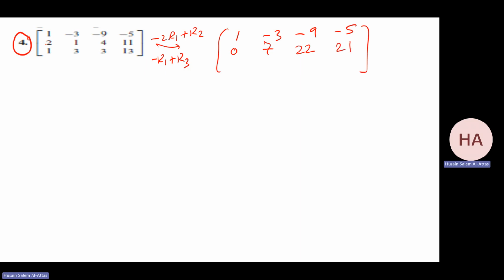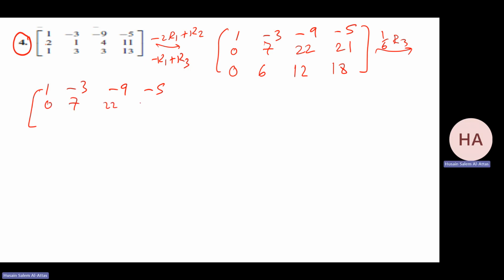By minus 1 and add, that is 0. That would be 6. Minus 1 and add, that would be 12. Minus 1 and add, that would be 18. You know what? I'll divide the third row by 6 and interchange it to second. Who cares? You can do it the way you like. This is 0, 7.